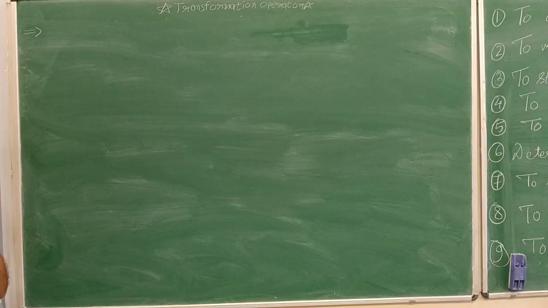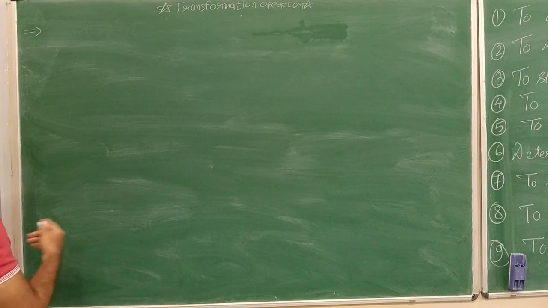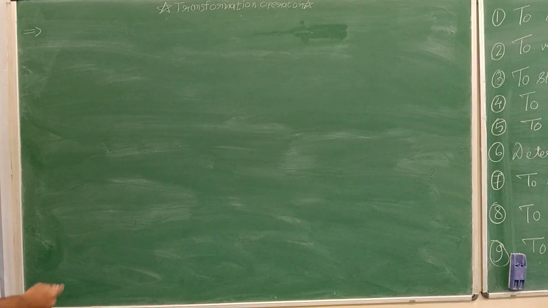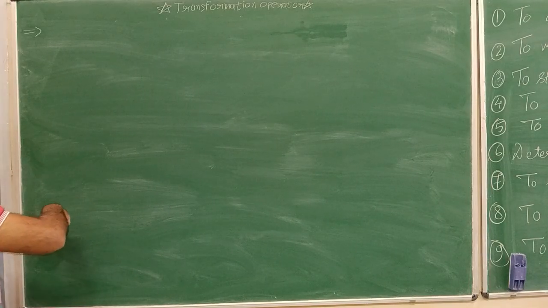Now the next goal is to find the transformation matrix. So how would the transformation operator U look like in the old basis?